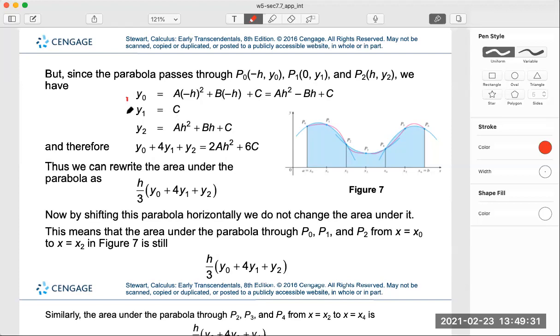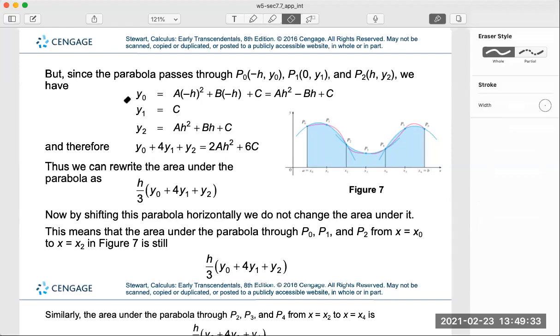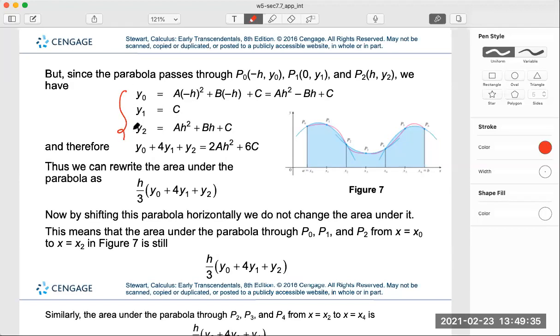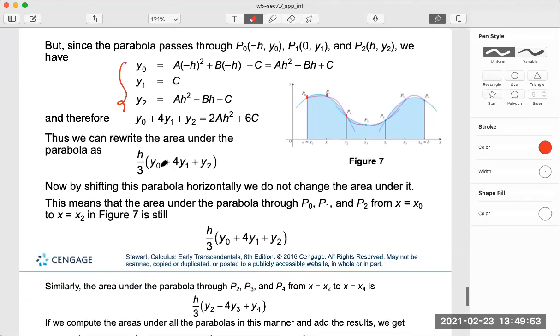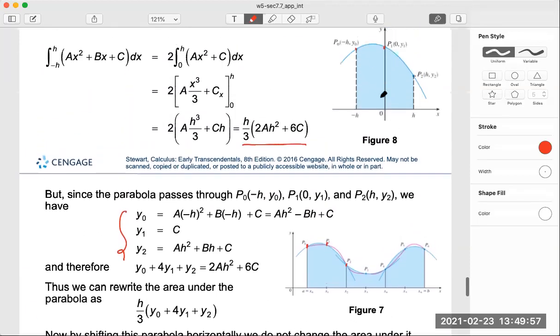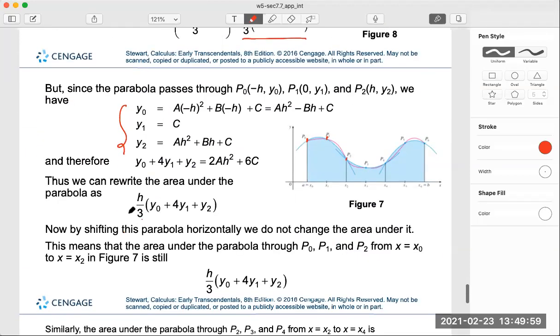We solve this system of equations here. y0, y1, and y2 are the points here, right, which are given. From this, we can solve for A, B, and C, okay? And we find that the area under the parabola here is given by this formula.